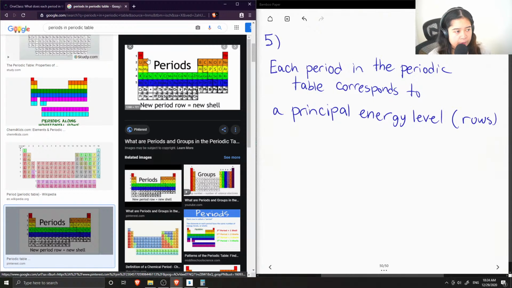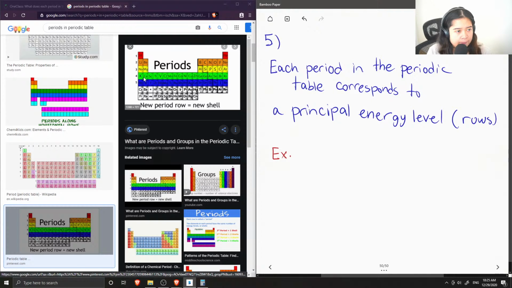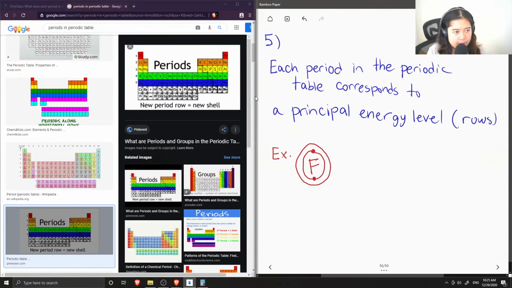So with every new period row, there is a new shell. So for example, what they mean by that is if we had, let's say, fluorine, the inner shell contains 2 electrons, and then it has a second shell that contains the 7.